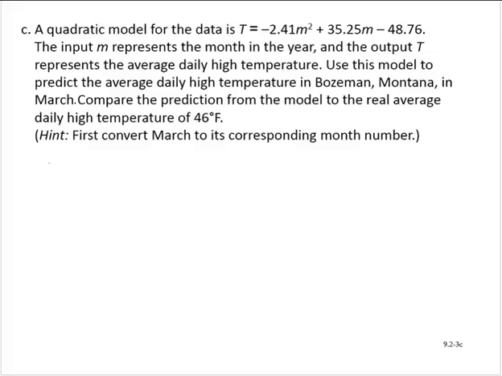So March means m is 3, since March is the 3rd month of the standard year. So then the temperature, according to our model, the average daily high temperature in March would be given by negative 2.41 by 3 squared plus 35.25 by 3 minus 48.76.